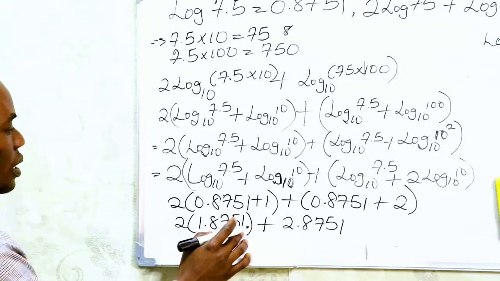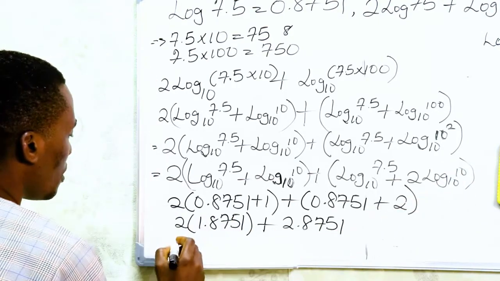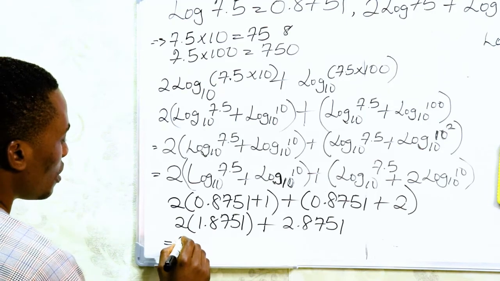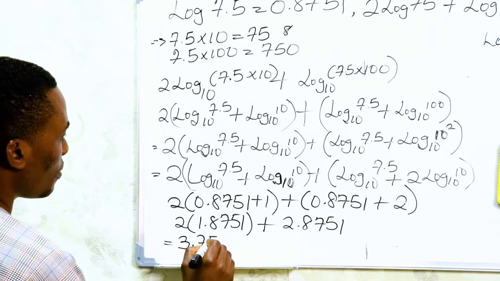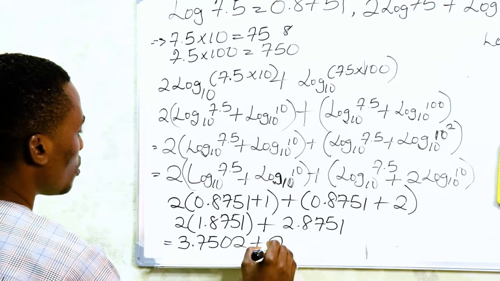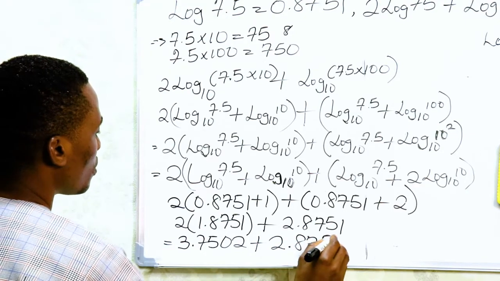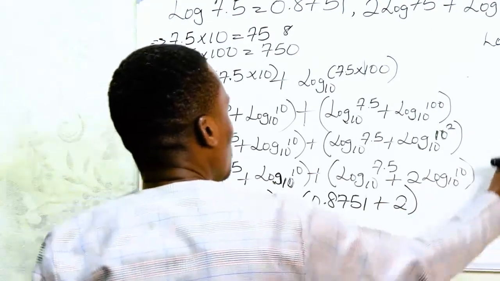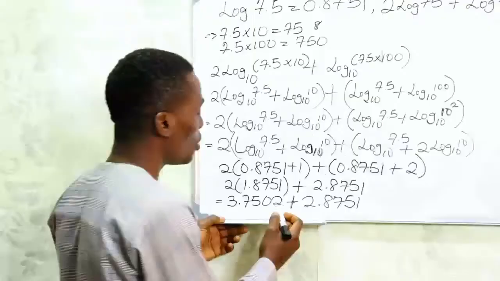So this multiplied by 2 will give us 3.7502, plus 2.8751.